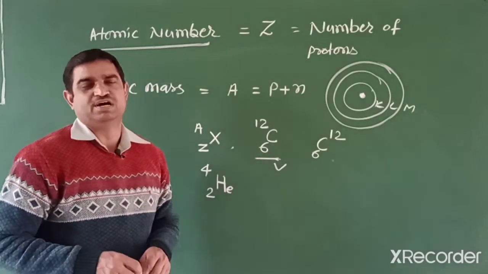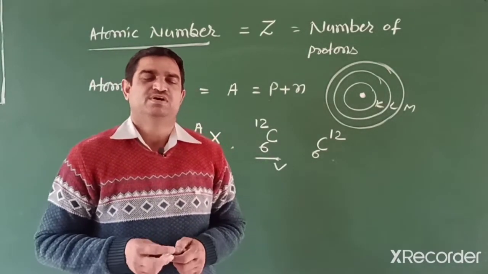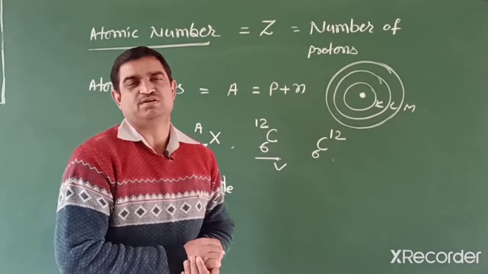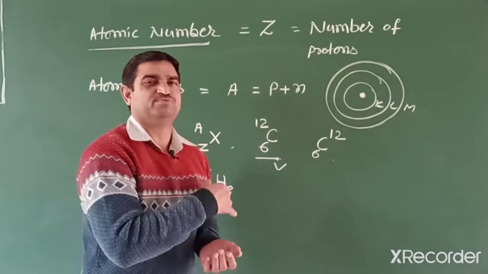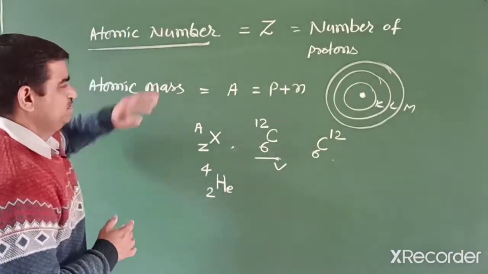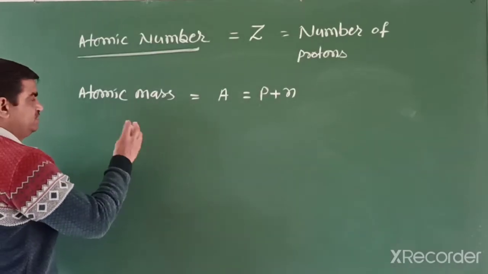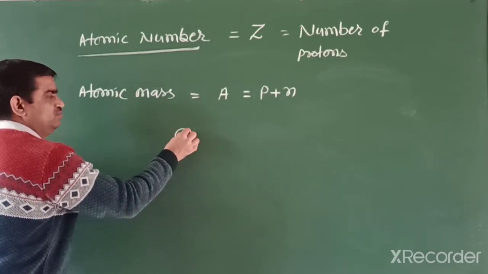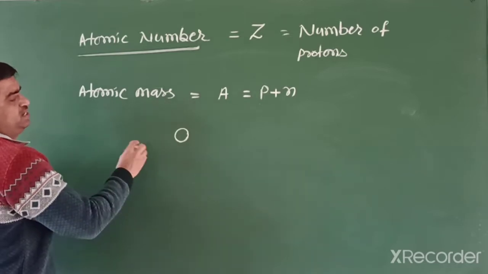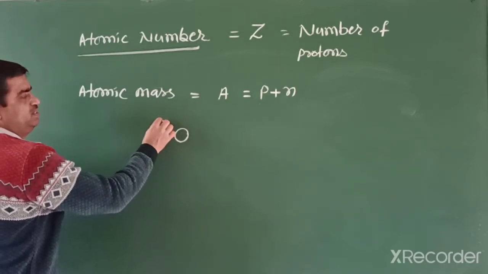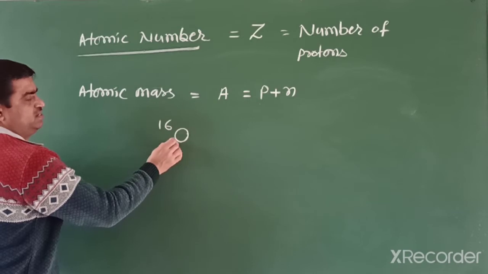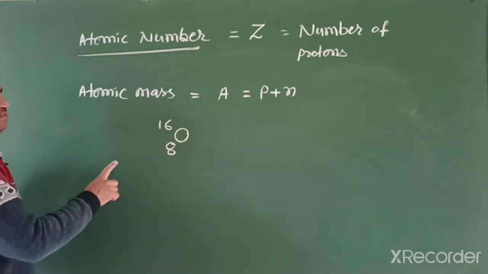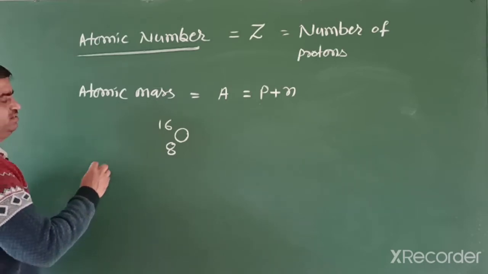So students, now we will explain how to find the numbers of particles, because you are given the mass number and atomic number in this representation. For example, suppose an element is represented by O, oxygen, with mass number 16 and atomic number 8 on the lower side. Identify how many electrons, protons and neutrons.